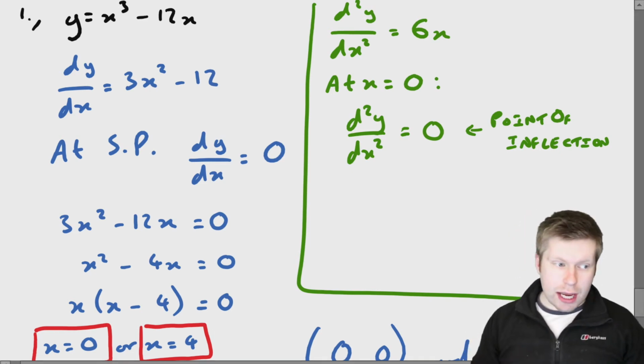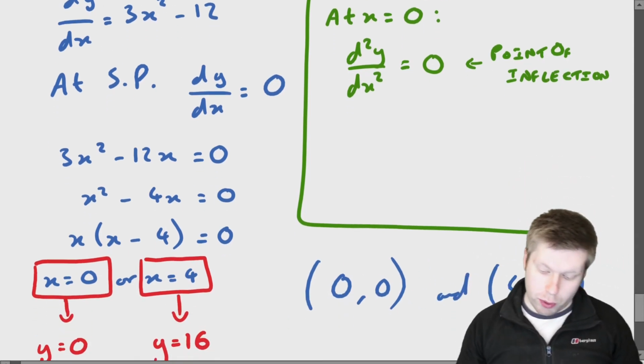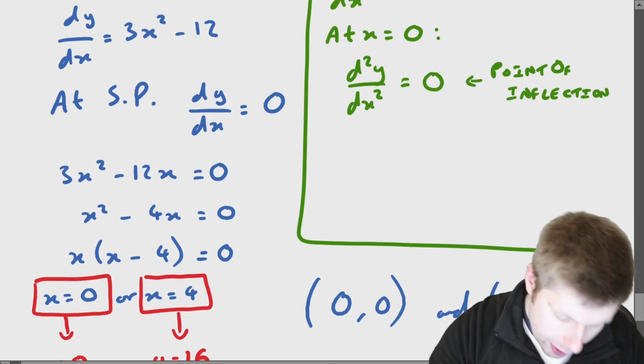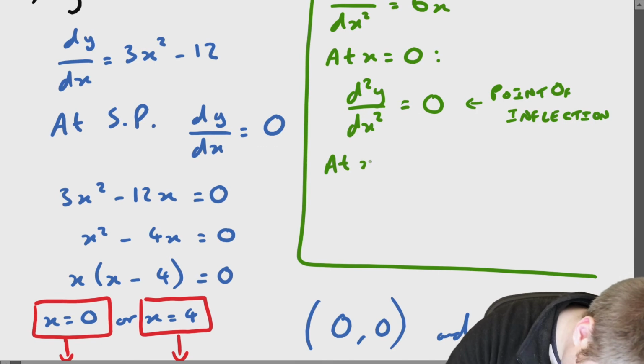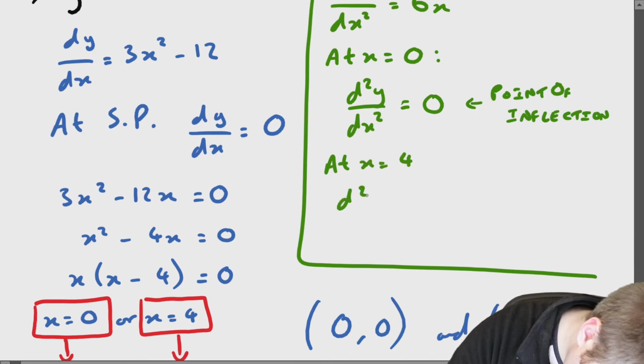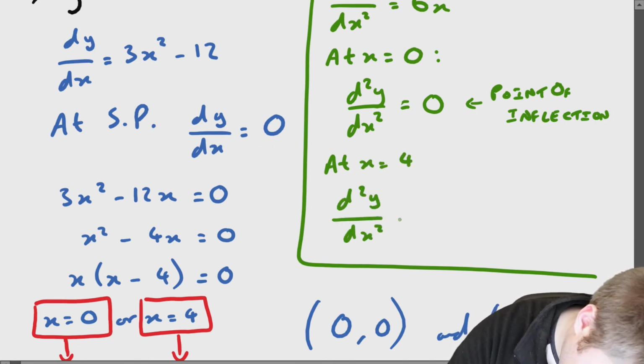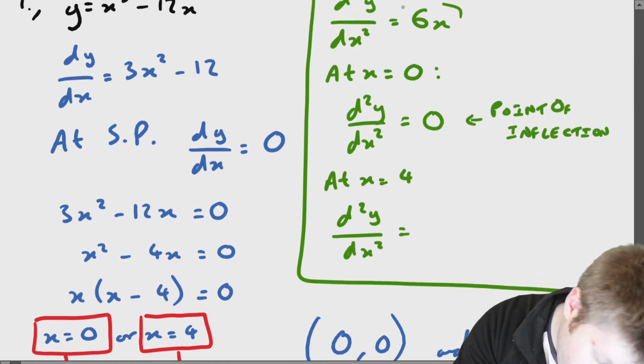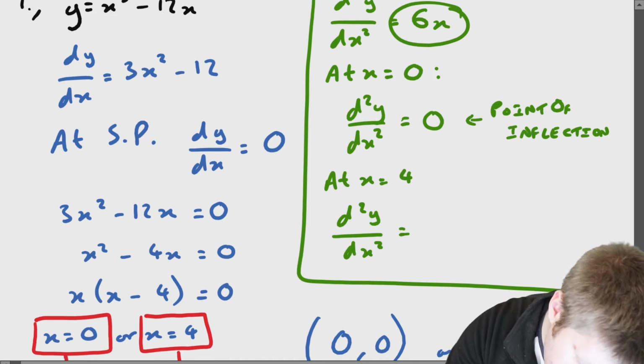If I look at the other stationary point, the point 4 and 16, just behind me, then at x equals 4, what's d2y by dx squared doing? What's the rate of change of my gradient doing? I just stick 4 into here, and I find it's equal to 24.